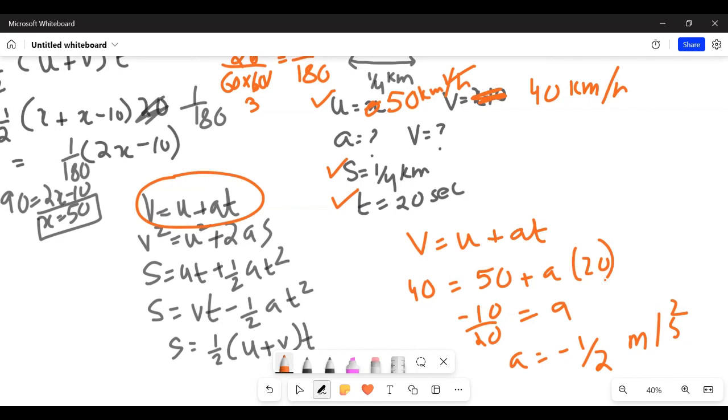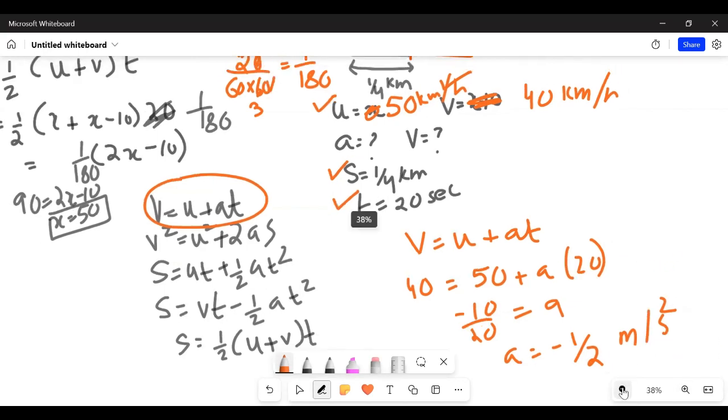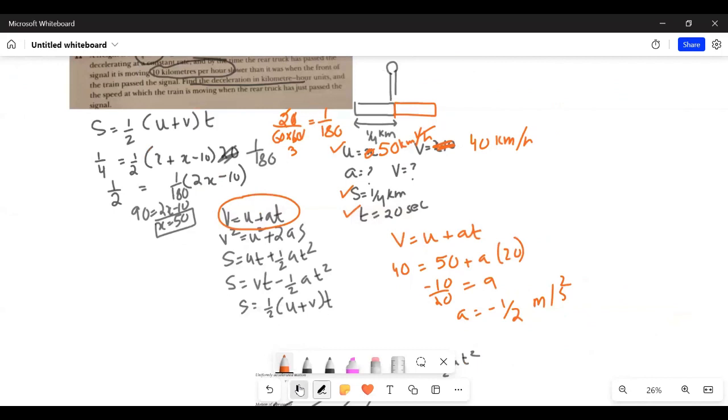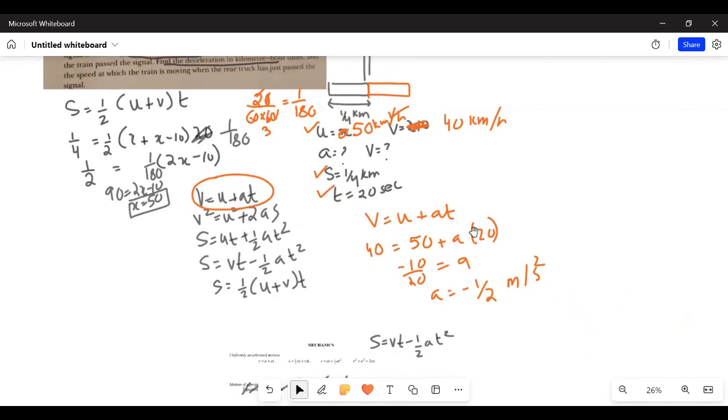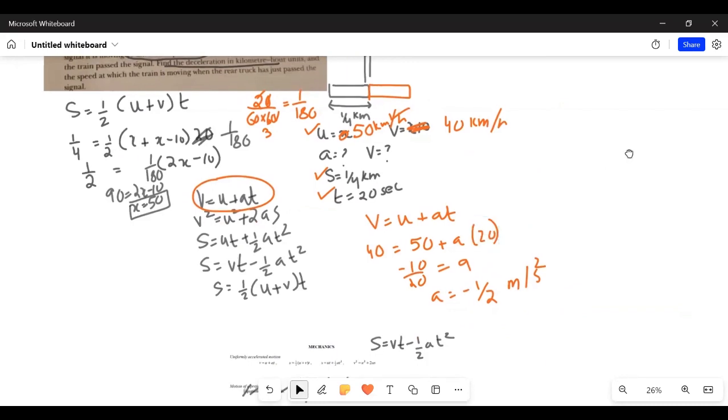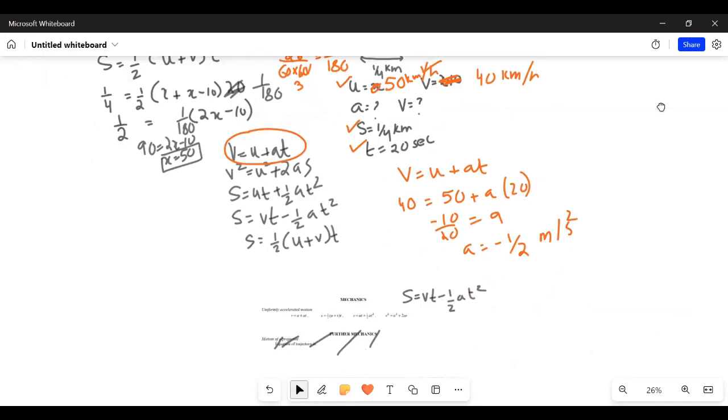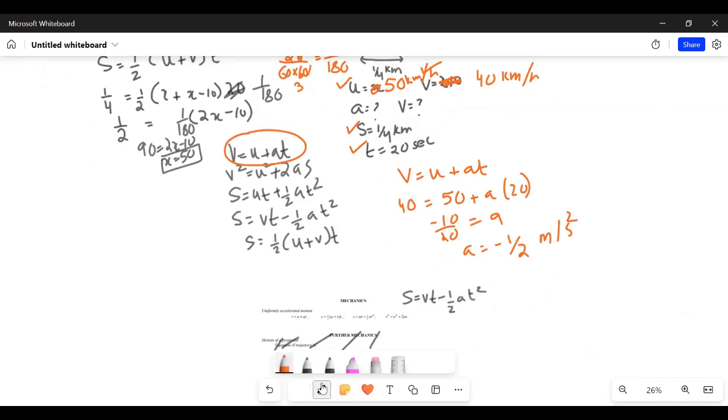Acceleration is not. Oh, we have to give it in kilometers. So I probably wasn't careful about the units. Let me just confirm. Do we have everything in kilometers per hour? No, again, the 20 was in seconds. It shouldn't be. It should be 1 over 180 instead. So let's fix that.